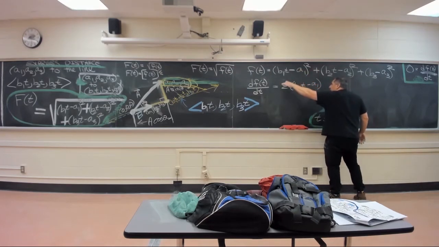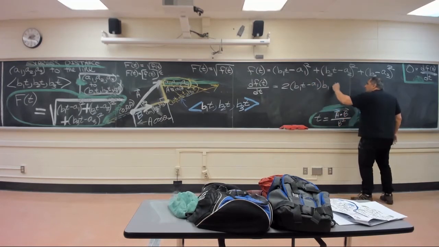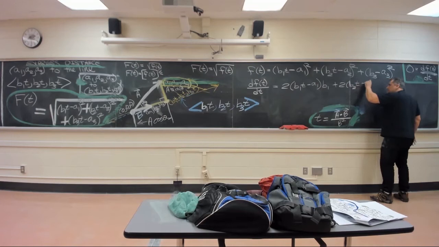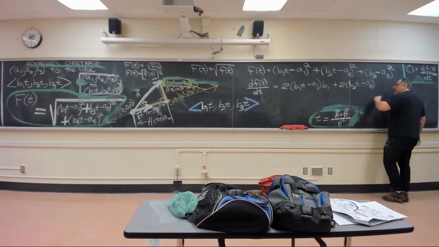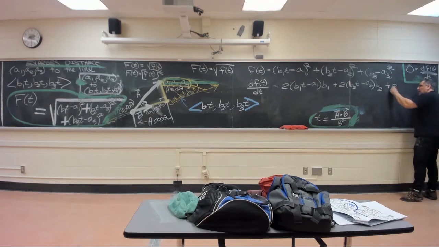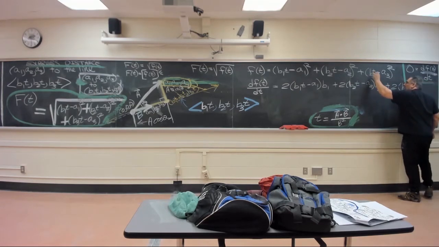Chain rule, go here, then the derivative of b1 t. That's just b1. Same thing, same exact process. I'm sorry, that'd be a t right there, guys.